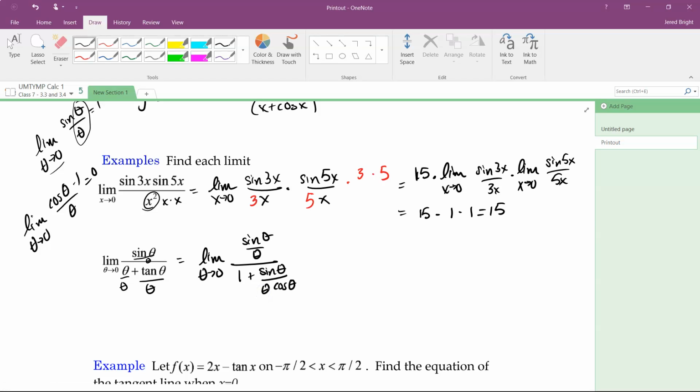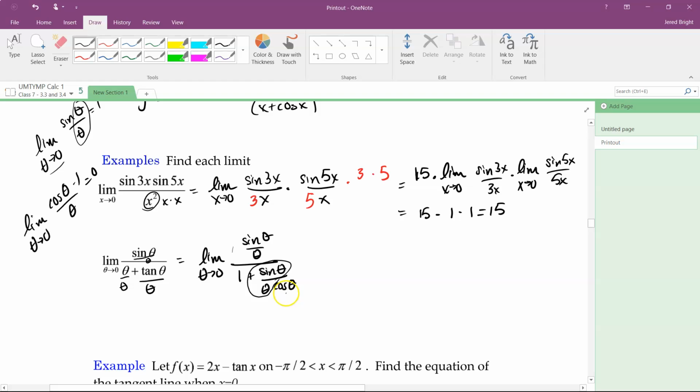Okay, now I want to use the quotient rule for the limit, but my question is, do each of these exist independently? The first one, yep, in the numerator, that one is going to work. That's just going to be 1. The second one down here is going to be 1. And then if I look and kind of separate this into two pieces, sine of theta over theta is 1.